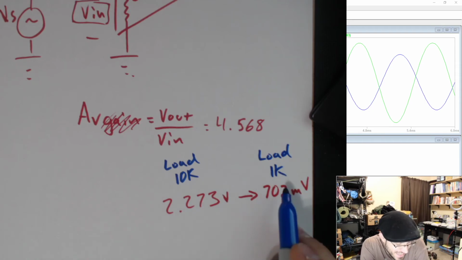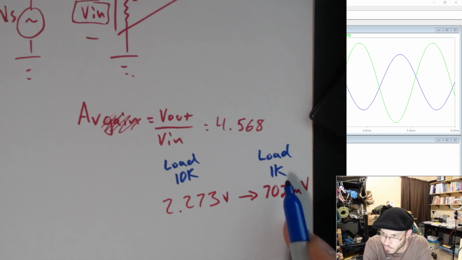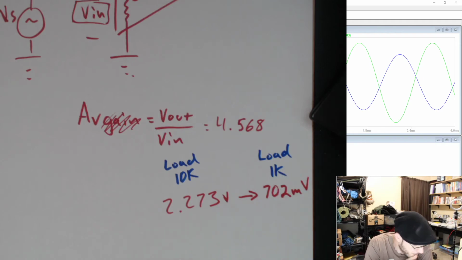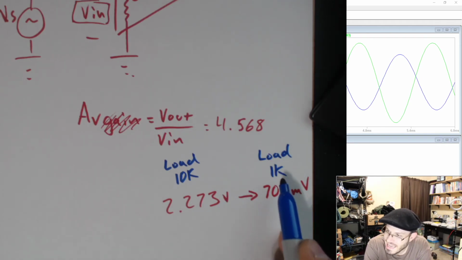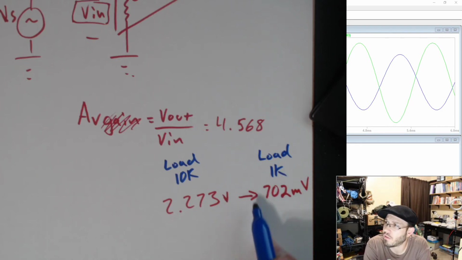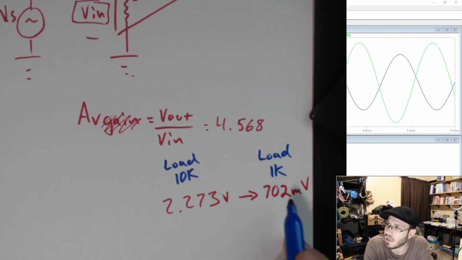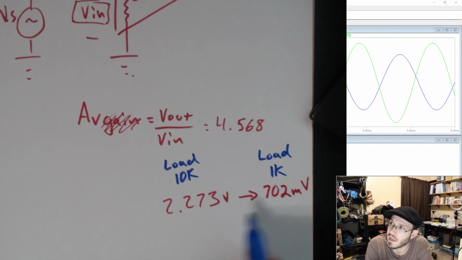And once we changed that load to 1K, all of a sudden we needed a lot more current to drive a 1K load because, well, it's Ohm's law. And so the more current it takes, the less ability our amplifier has of supplying that current. And so we see that manifest itself as a drop in this voltage. We should have gotten 2.273, but we didn't.